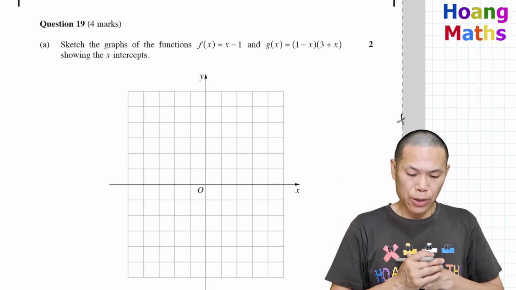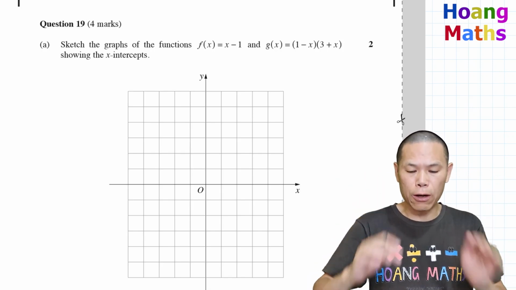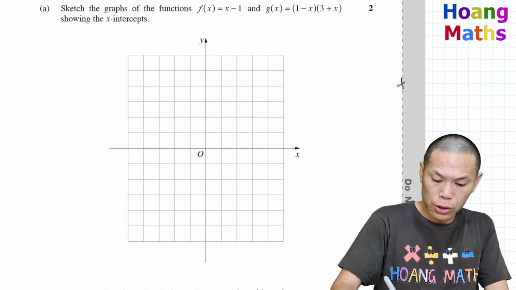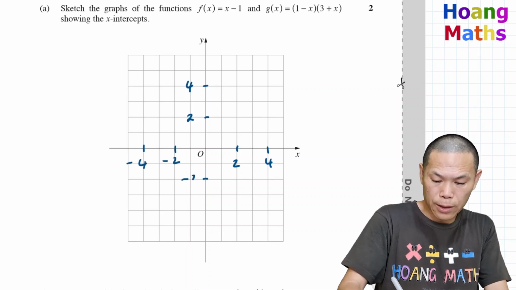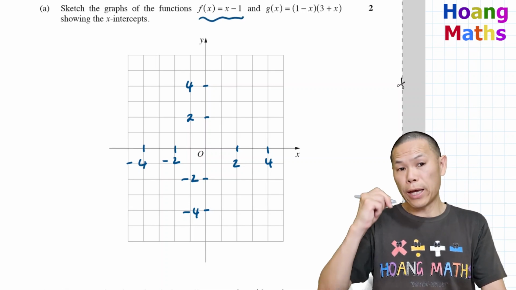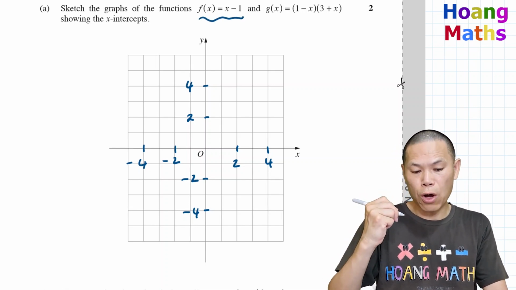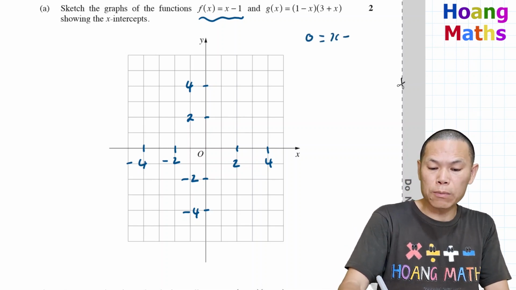Question 19. So before we sketch, let me just label the x and y axis and the scale first. So this is 2, 4, negative 2, negative 4. So for this graph, the x-intercept is when y equals 0. So when y equals 0, this means 0 equals x minus 1.